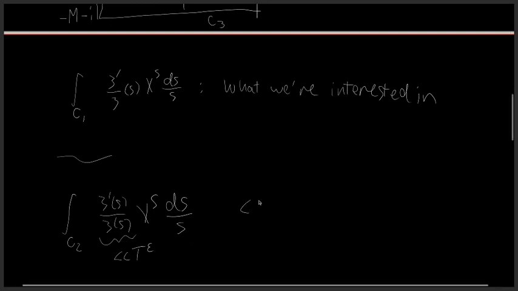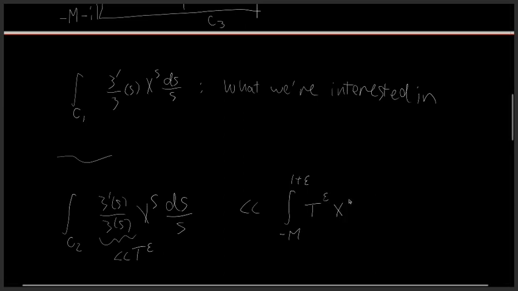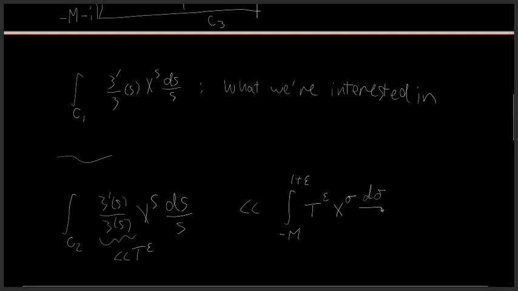And so this whole integral is at most the integral from minus m to 1 plus epsilon of t to the epsilon times x to the sigma d sigma. This is an integral in sigma. Here I'm essentially taking absolute values and invoking the triangle inequality. And of course, the absolute value of x to the s is x to the sigma. Then we have d sigma, and we can bound s by t here.